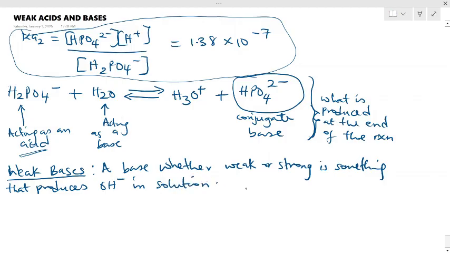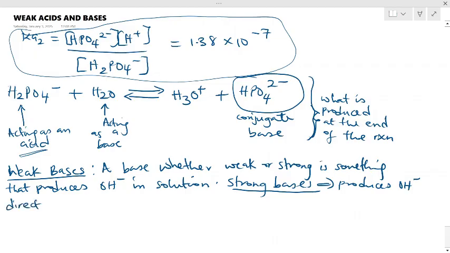So a strong base produces OH minus directly. And what that means is that it dissociates completely, and when it dissociates, it goes into what? Solution.